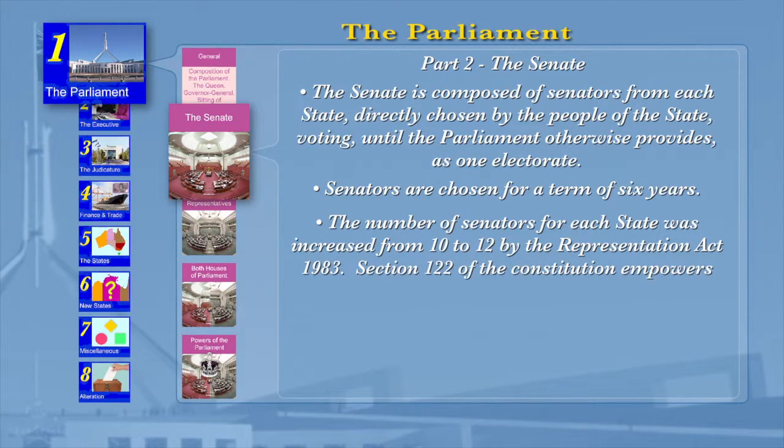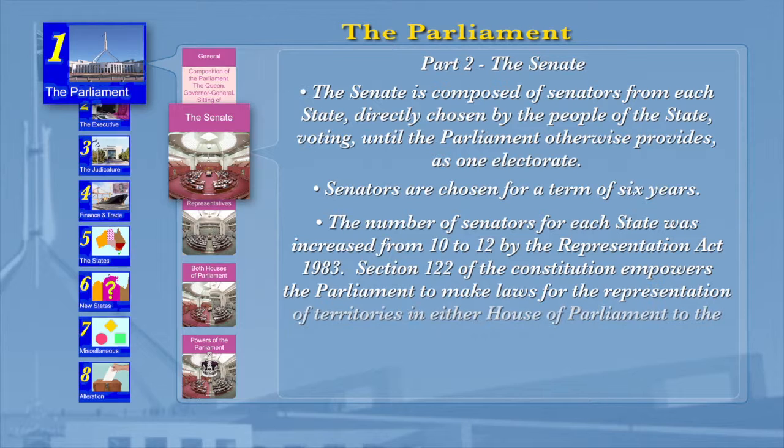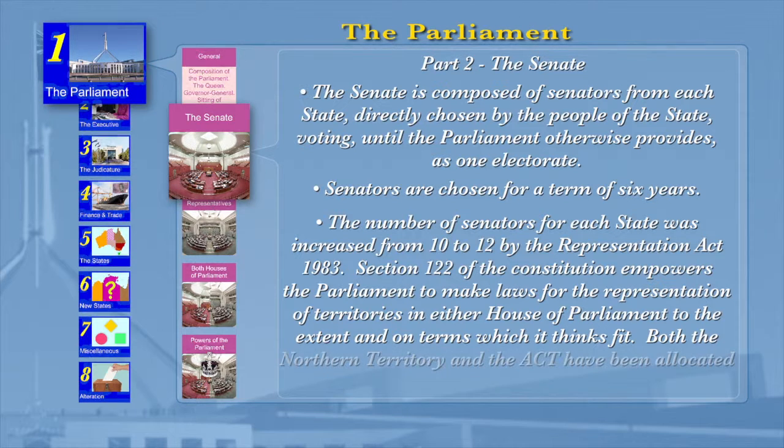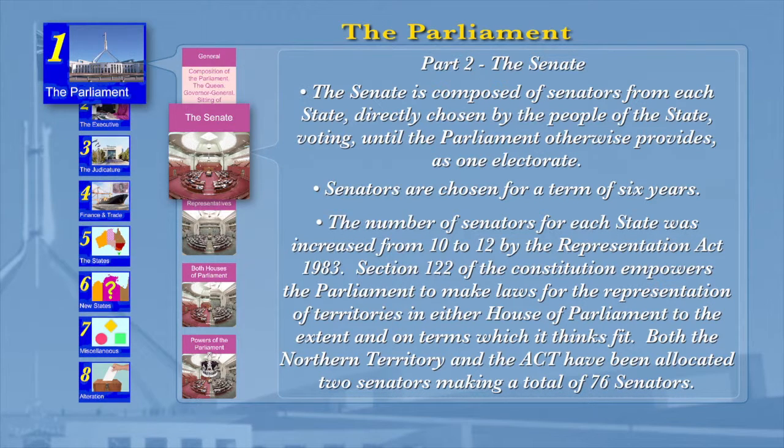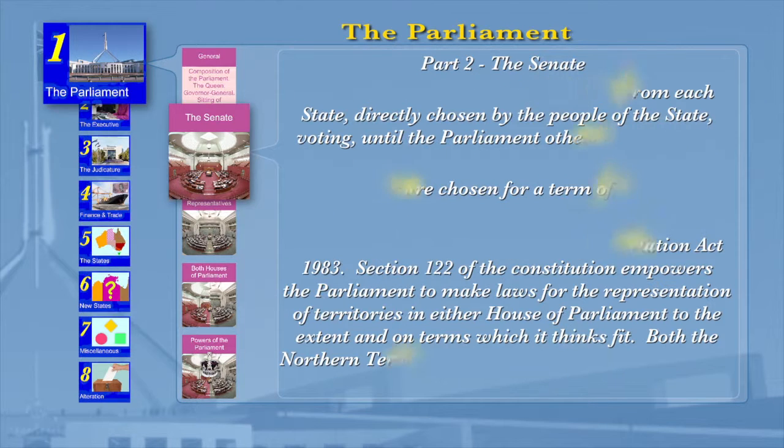Section 122 of the Constitution empowers the Parliament to make laws for the representation of territories in either House of Parliament to the extent and on terms which it thinks fit. Both the Northern Territory and the ACT have been allocated 2 senators, making a total of 76 senators.